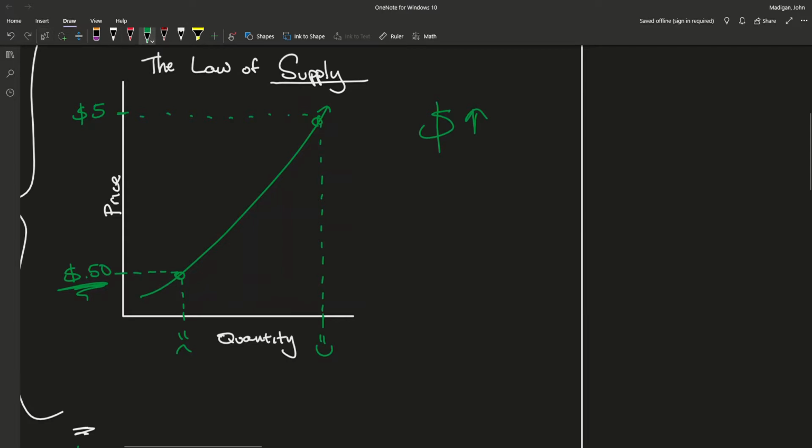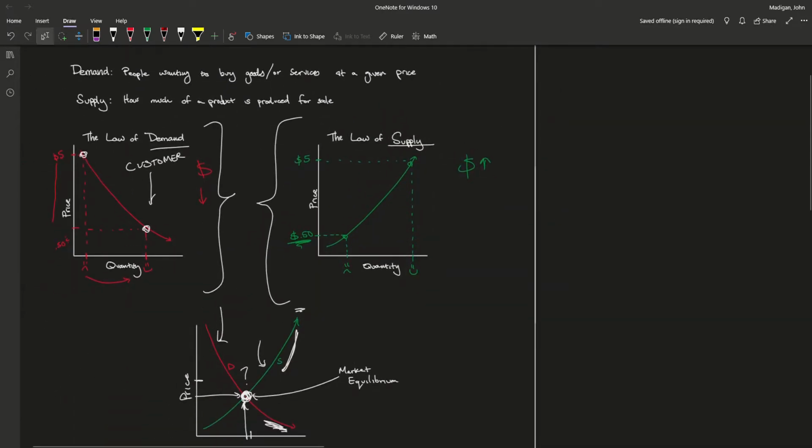So they want to sell as much, or they want to sell more, as much as they can, of more expensive products and less of less expensive products, because price usually is a good way of telling how much people want something. The more people want it, the more the price goes up because it's really high demand, right? The less people want it, the less the price becomes normally.